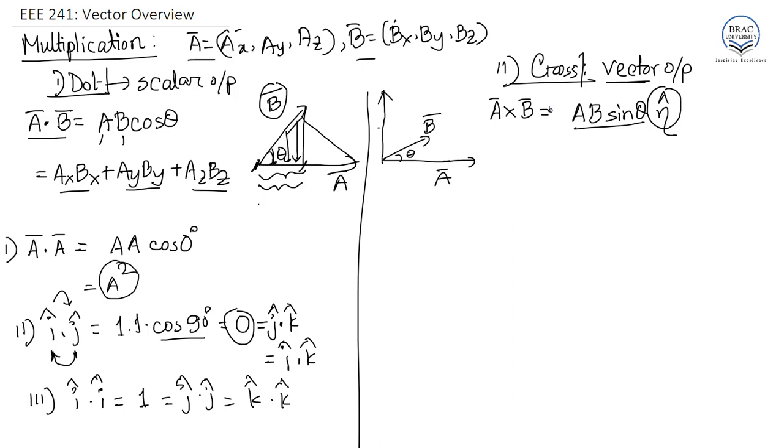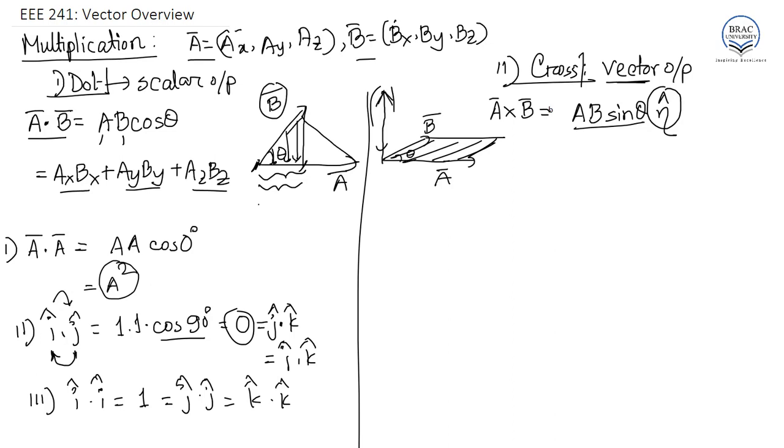So this vector over here, since this is a 2D picture I'm drawing, you cannot really see it as a 90-degree angle, but in practice, just think of it as A and B making a plane, and this line over here is perpendicular to this plane.